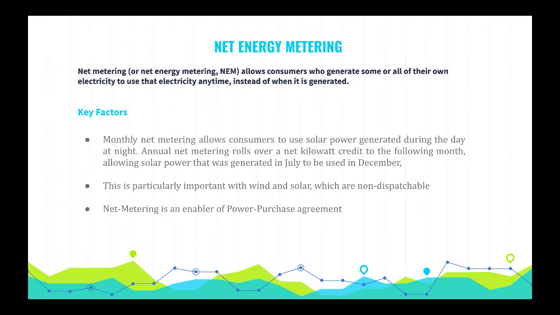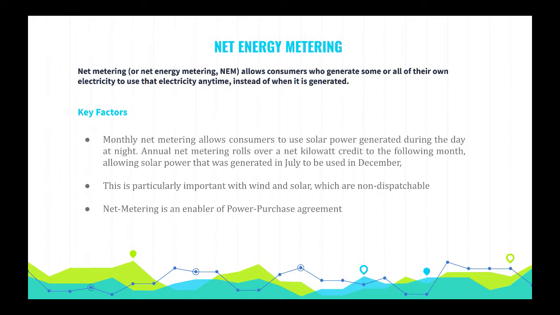Because what they're doing is telling utilities that, hey, listen, if this person generates too much electricity from the solar panels on their roof or in their backyard, and they cannot use that power, they can pump that into the grid, and the grid will pay them back for it. So, monthly net metering allows consumers to use solar power generated during the day at night. Well, how's that working?